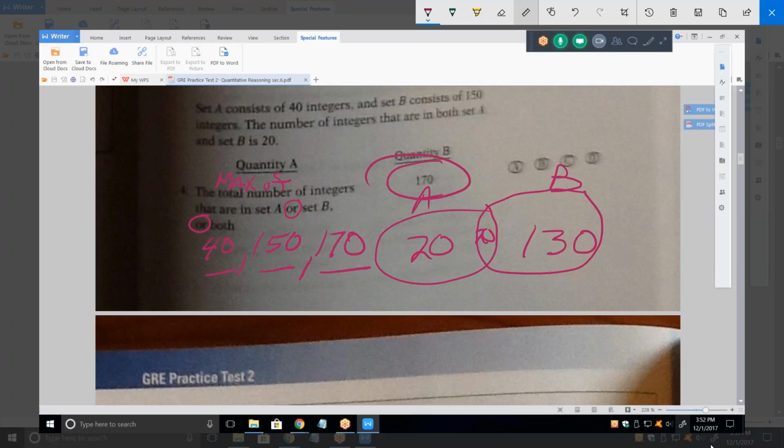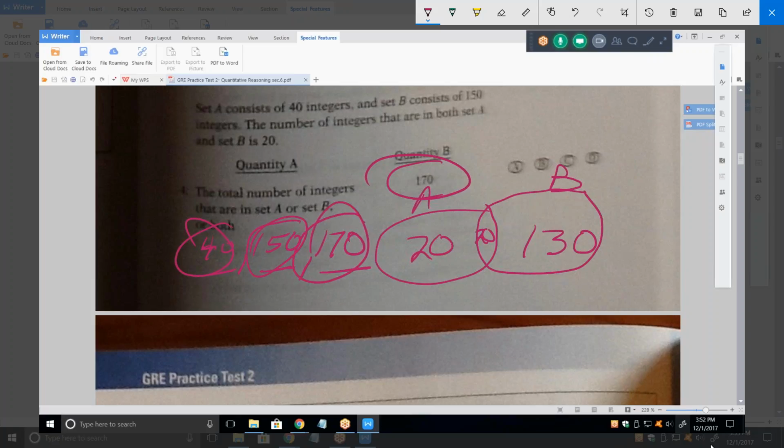Yeah, I had to look at this for a little bit, and your explanation actually made more sense to me. In other words, because they say the total number of integers that are in set A, well, that's 40, or set B, that's 150, or both, that's 170.